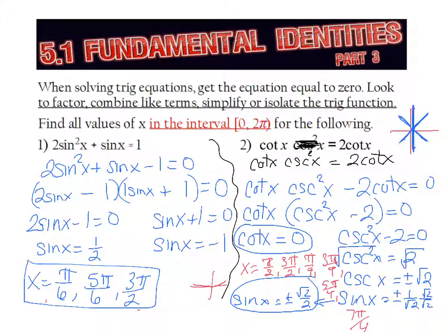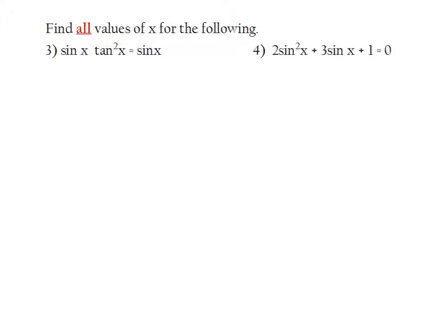All right, let's try something else. The directions on these two examples are different. This time we're going to find all values of x, every single value that x could be. Let's start off the same way. Looks like we got a lot of trig functions. Let's go ahead and bring this sine x over to this side.